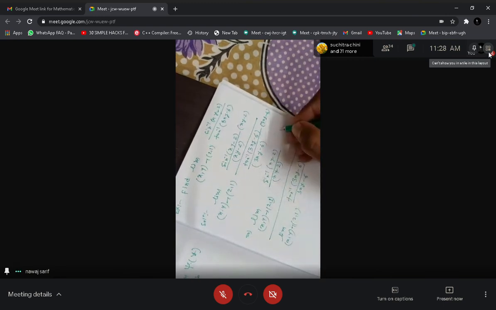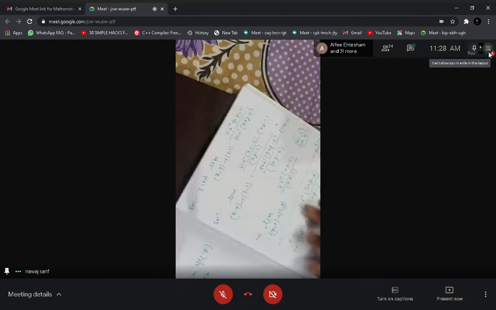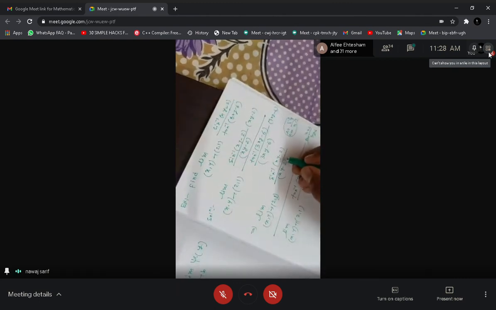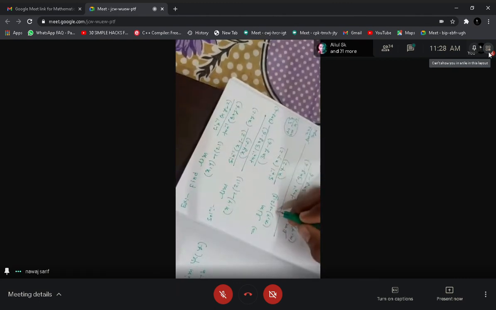Sin inverse theta, limit x tending to 0, sin inverse x by x is what? 1. So this one is what? xy minus 2 will be what, when x tends to 2 and y tends to 1?